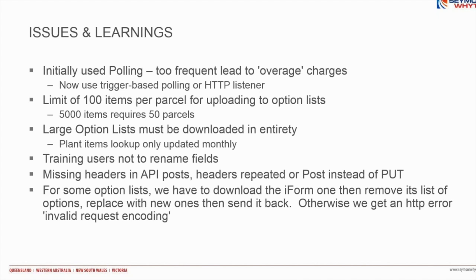And again, working with large option lists, because they have to be downloaded in their entirety, that takes a long time, so we really limit the updating of that plant items option list. The lookup tables, on the other hand, will only download the new lookups. So we download new fields into that lookup table every time, but with the option list, we do have to limit how often that's downloaded, just because of the size of it.